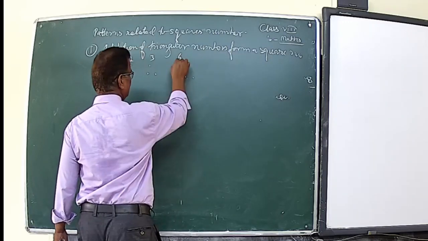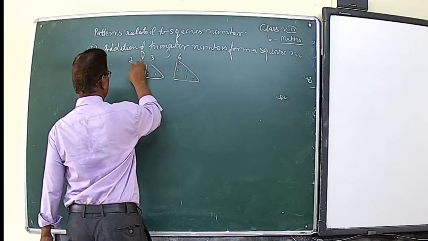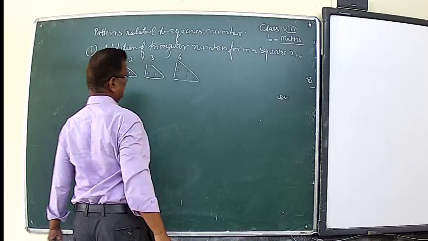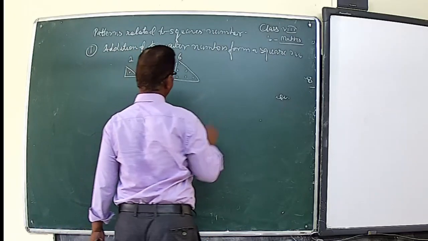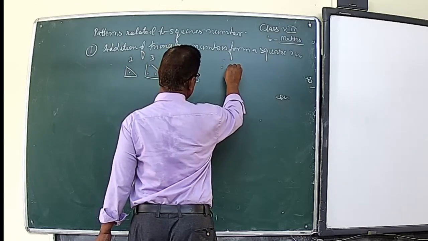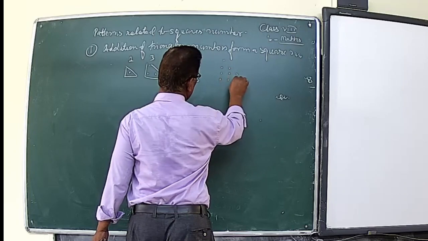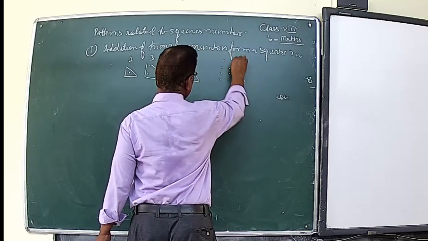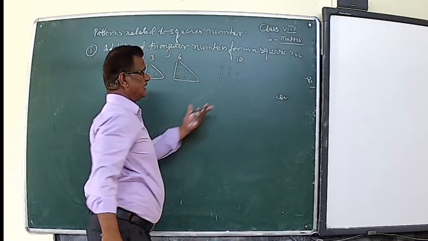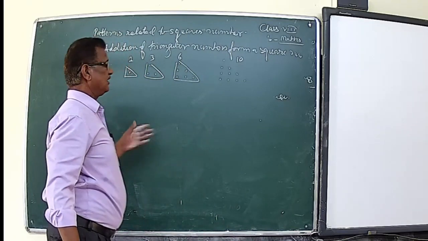This also forms a triangle. Now take 10: 1, 2, 3, 4 dots. This is the number 10. Similarly 15 and 21 are the triangular numbers.